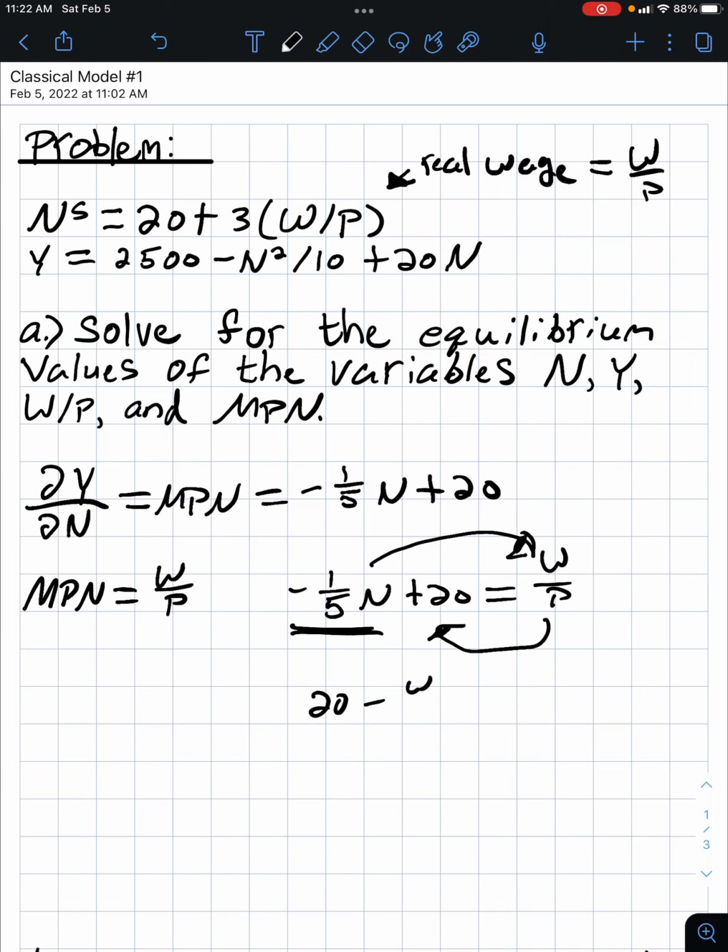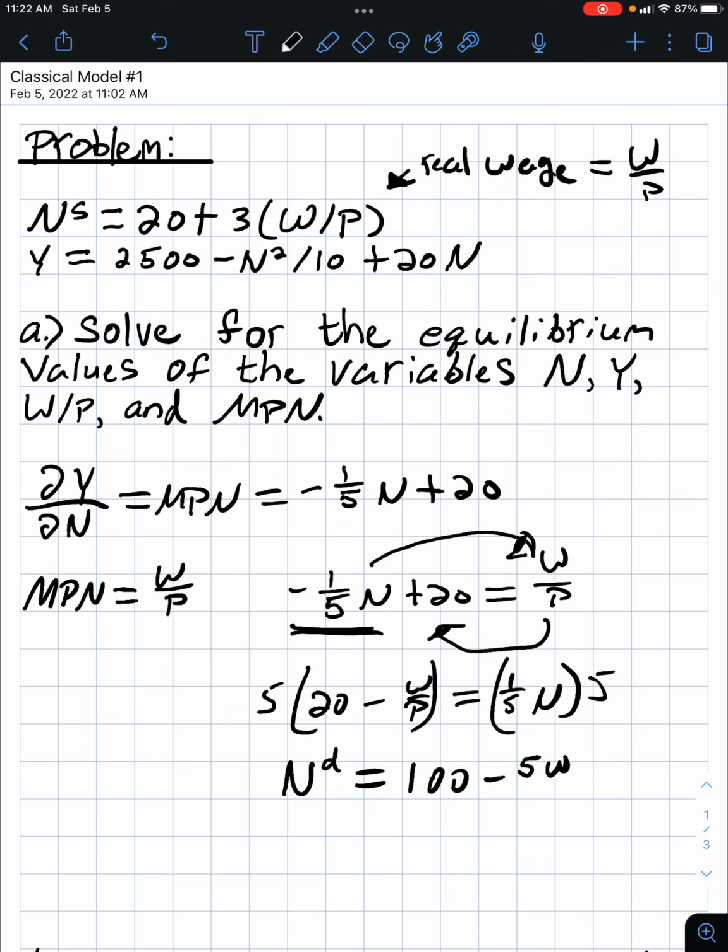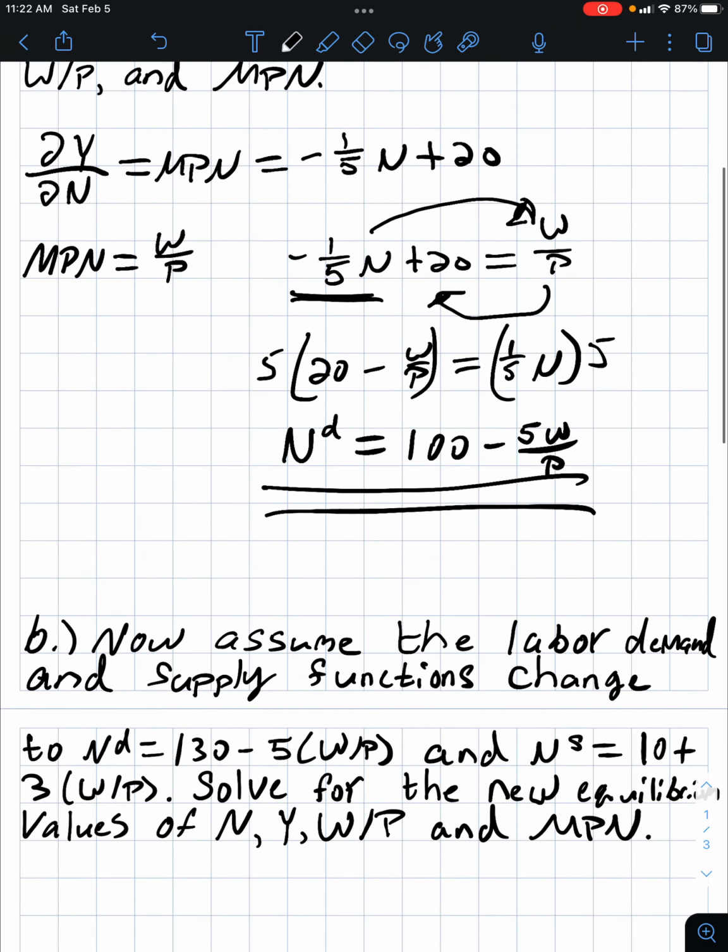So we get 20 minus W over P is equal to 1/5 n. And then from here, we can times everything by 5 to find our demand function. So we get our demand is going to be equal to 100 minus 5w over p. And that is our demand function.